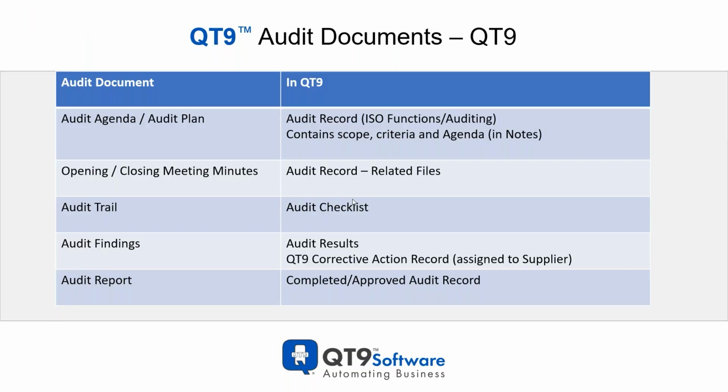So you have your audit record related files. We have an audit trail. We have our audit checklist. You have the audit findings. Here we call them results, and then you can convert that into a corrective action record. You could assign that to the supplier, and they can respond directly through the portal. So again, you have this two-way communication.